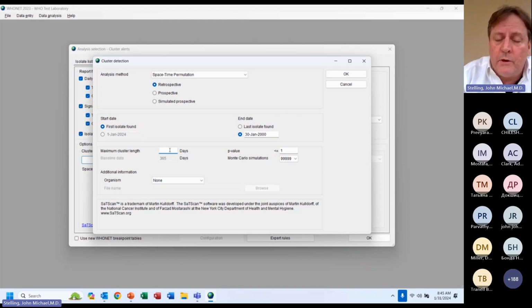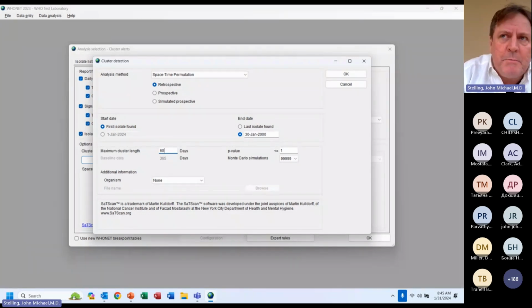So for example, in our early work, for community outbreaks, we set this at 30 days. The idea is basically, if you're trying to look for community outbreaks, you'll probably know within 30 days whether there is an outbreak or not. For a hospital outbreak, sometimes 30 days isn't enough, so we put this at 60.